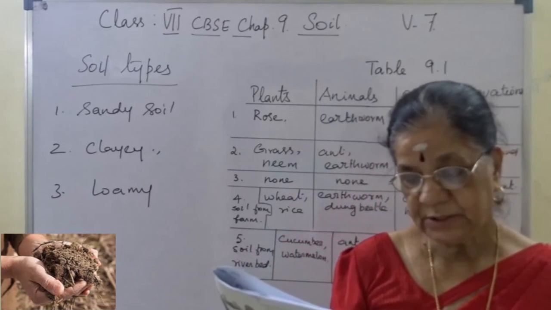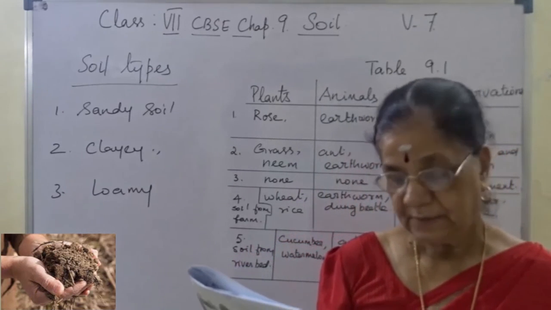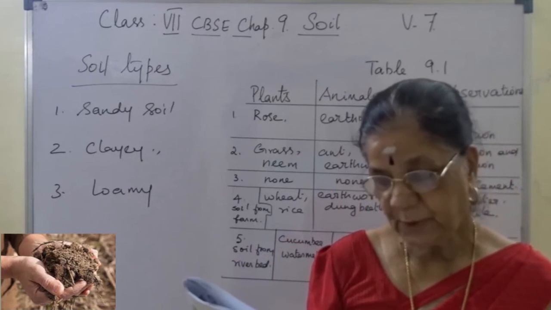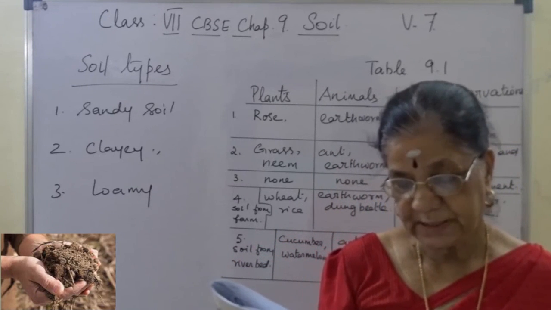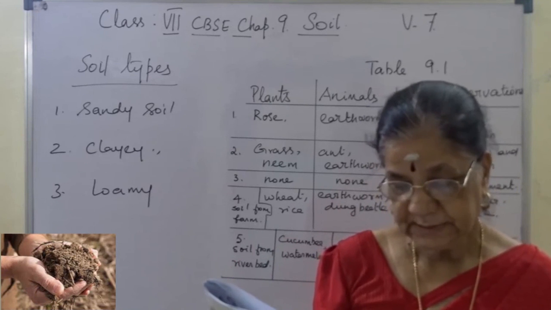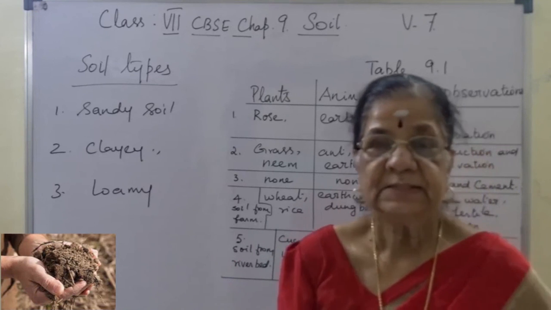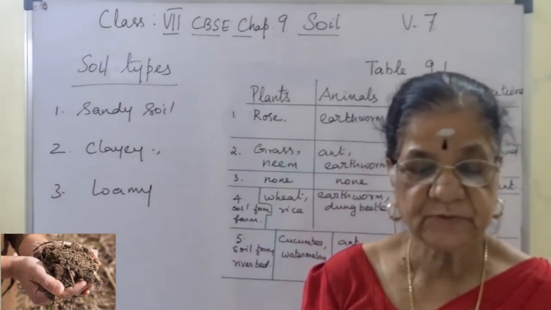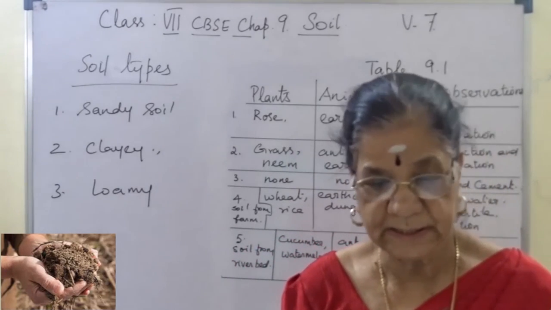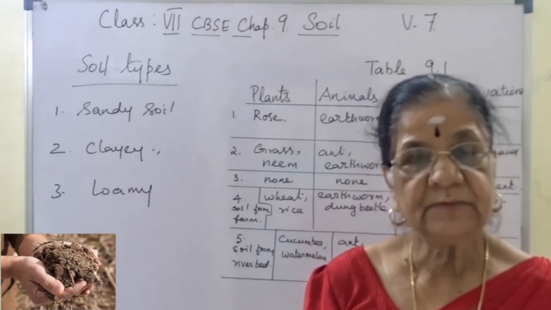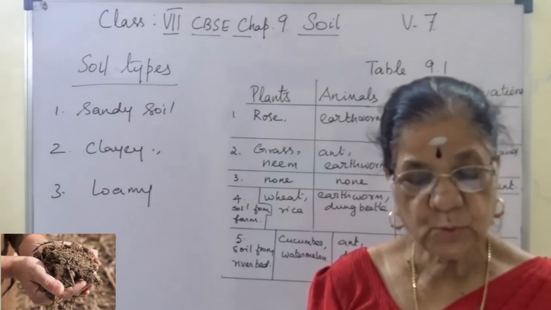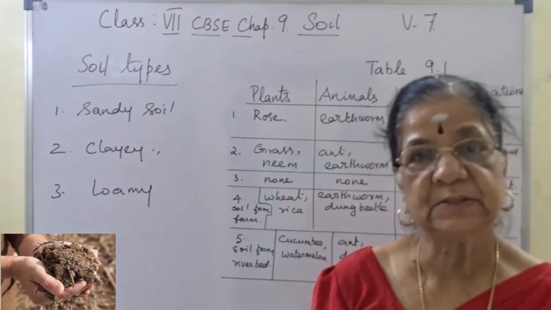So sandy soil tends to be light, well aerated and rather dry. Whereas clay particles, being much smaller, are packed tightly, leaving little space. Unlike sandy soil, water can be held in the tiny gaps between the particles of clay. So clay soil will have little air, but it is heavy as it holds more water than sandy soil.